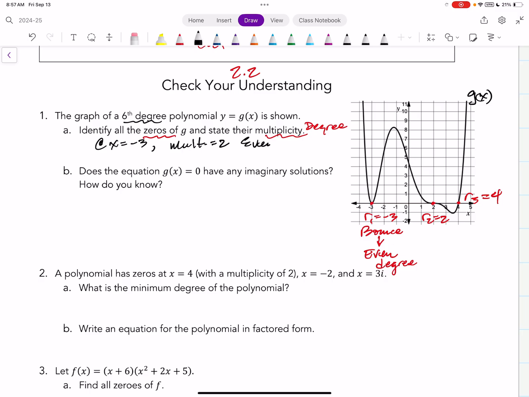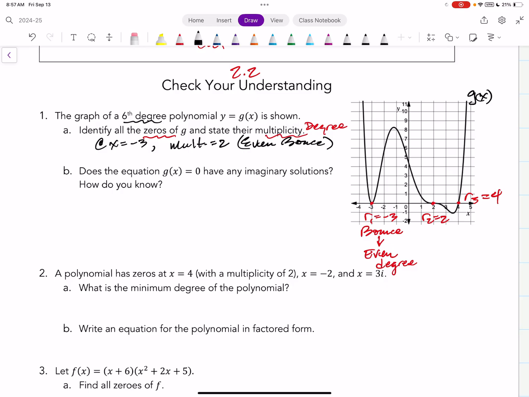Why? Because it's got a bounce, so it has to have an even degree. So it could be degree 4 too. That's possible. That's why it says, in this case, it has to be 2 because we have some other roots here as well. So we have a crossing at 2, and then we have a crossing at 4.